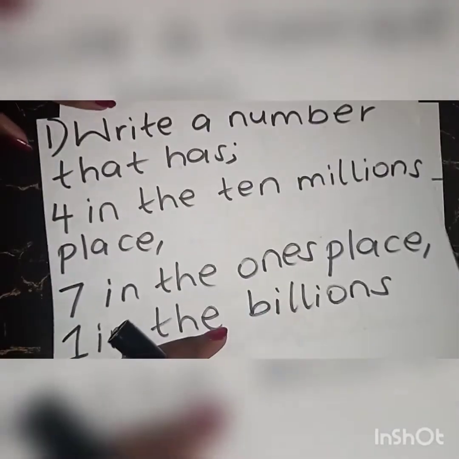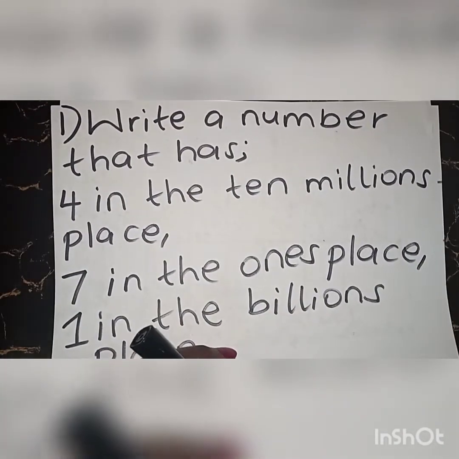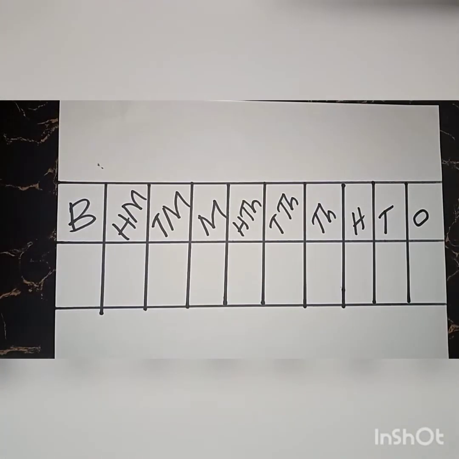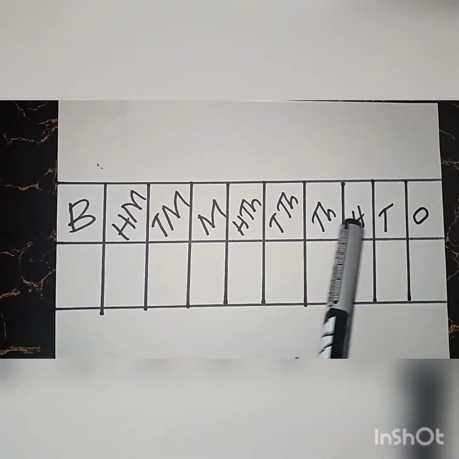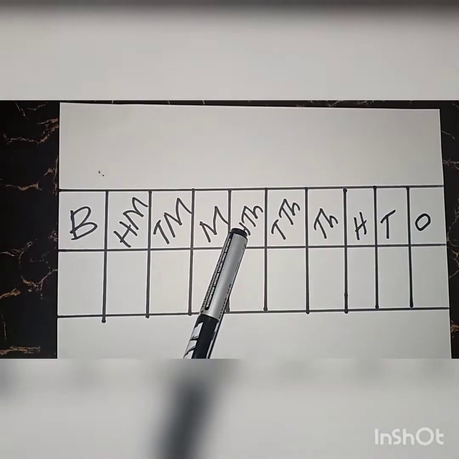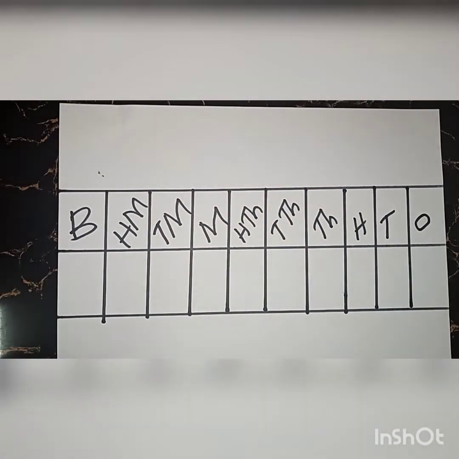We've been asked to write a number that has 4 in the 10 millions place. Where is the 10 millions place? This is the ones place, tens, hundreds, thousands, 10,000s, 100,000s, millions, 10 millions, 100 millions, and billions, okay?